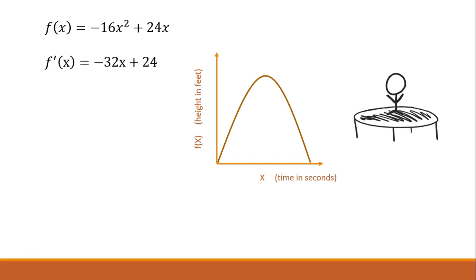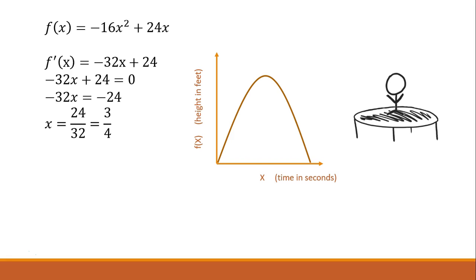We know that at the vertex, that derivative will be equal to 0 because the slope of the tangent line is equal to 0 at the vertex. And if we solve that equation for x, we get a value for x of 3/4. Now remember, x represents time. So we know that that maximum height will occur after 3/4 of a second.